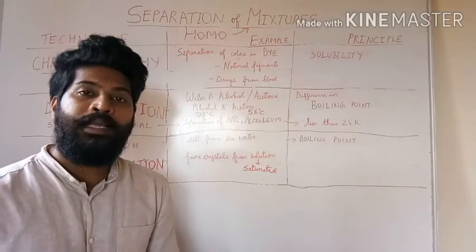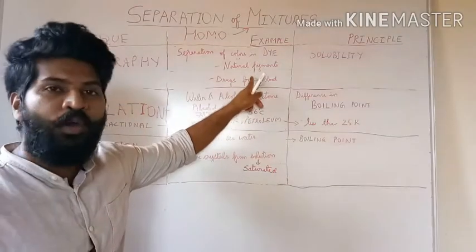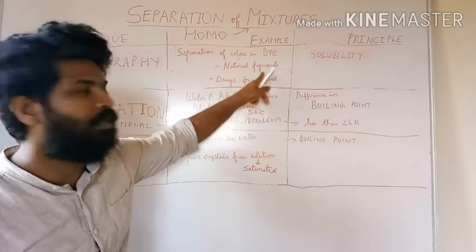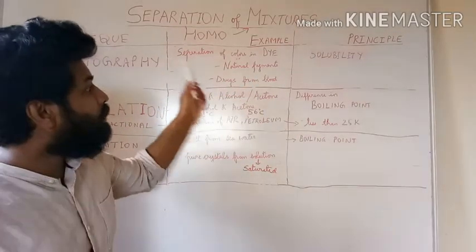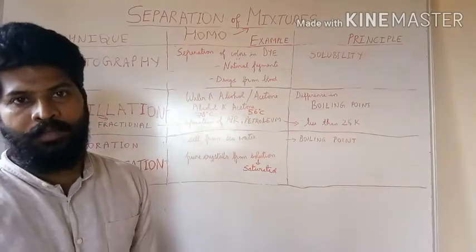For example, carotenoids, xanthophylls. There are so many pigments. If you want to separate all these pigments present in a natural substance, that is a leaf, we can use chromatography. This technique is also used to separate drugs from blood.